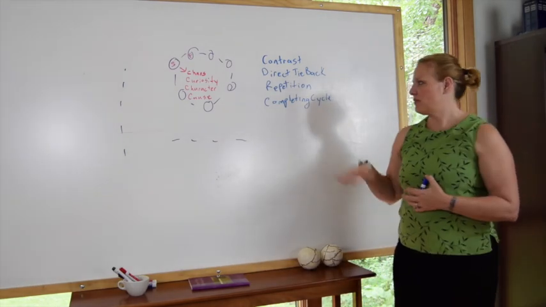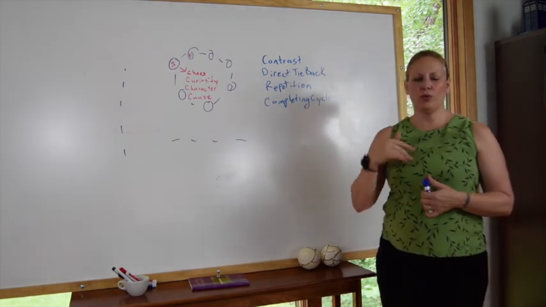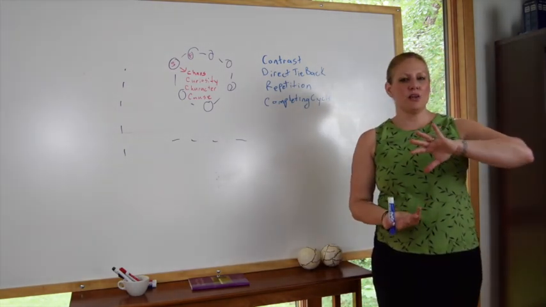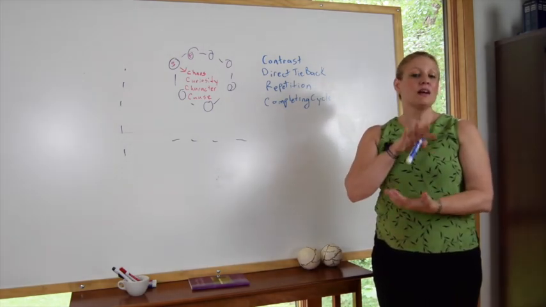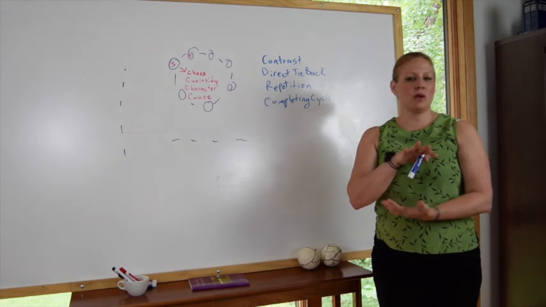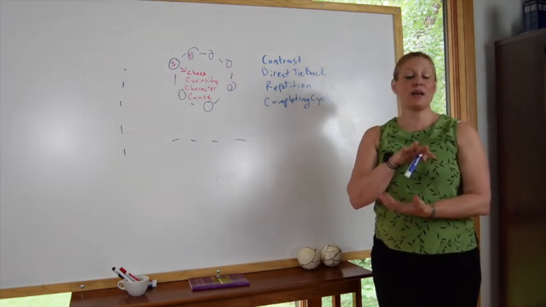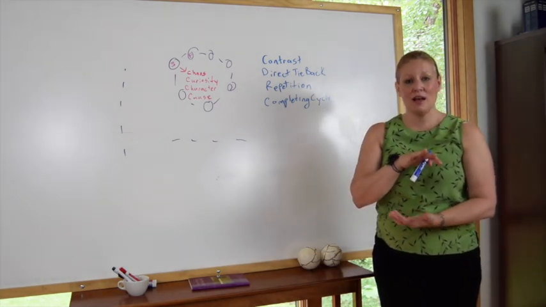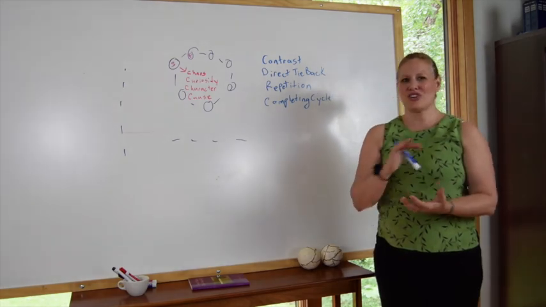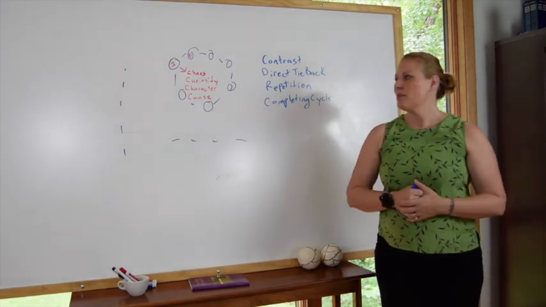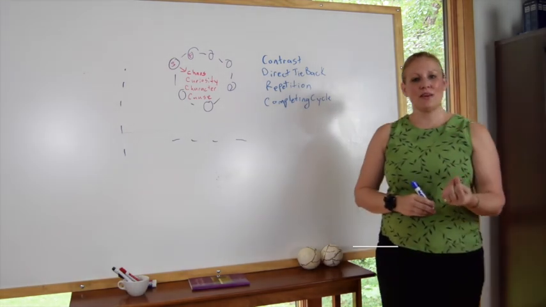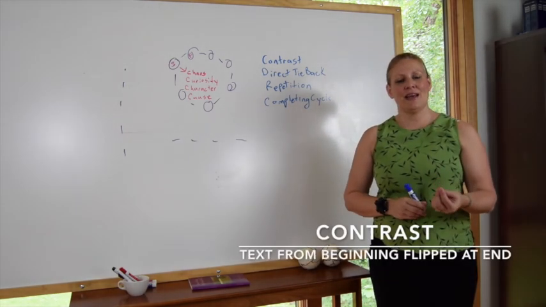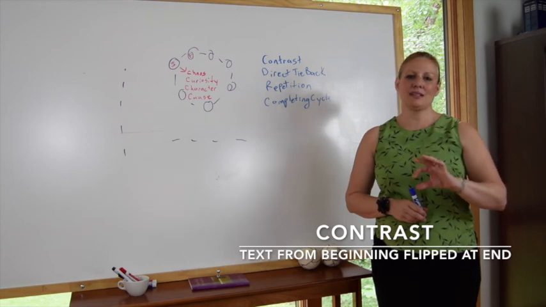That one actually kind of falls into our completing cycle too. But it's anything that you have in the beginning and it's a symbolic conclusion is that you no longer have that. Usually it goes from negative to positive. Sometimes it's just a foreshadow of positive to come. But a contrast is any time that in your story, you're going to take something that was said in the beginning and then you're going to flip it and you're going to say it on the end.